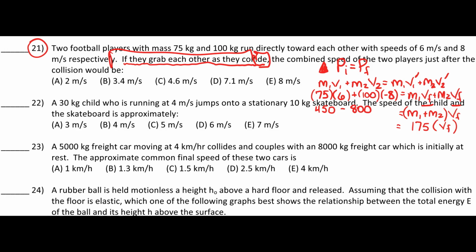And so I'm going to get negative 350 as my total momentum. I'm going to divide both sides by 175, and we can see that I'm going to have a final velocity after the collision of 2 meters per second. They're asking about speed, so it's a scalar quantity, which is why the negative sign doesn't matter, and our correct answer is A.